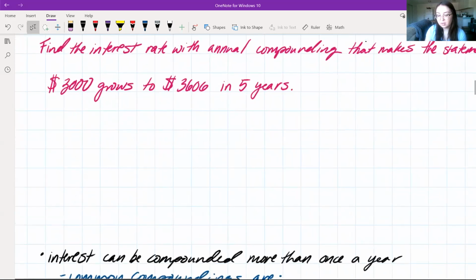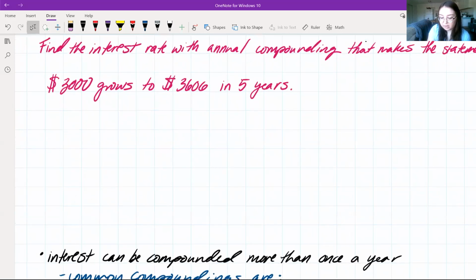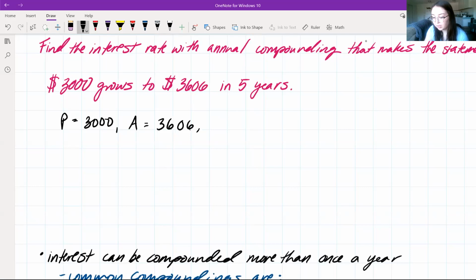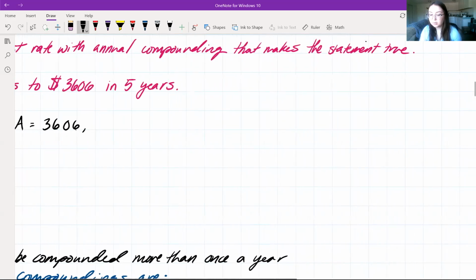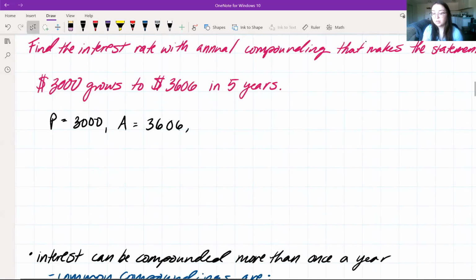So let's write out all of our variables so we know that P is going to be 3,000. A will be $3,606. We're doing annual compounding for 5 years, so N is just equal to 5.